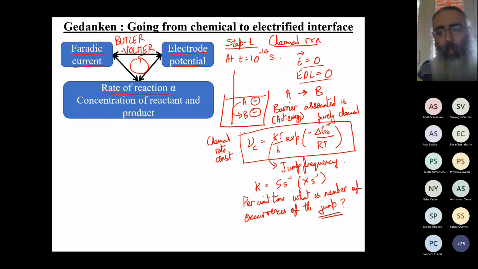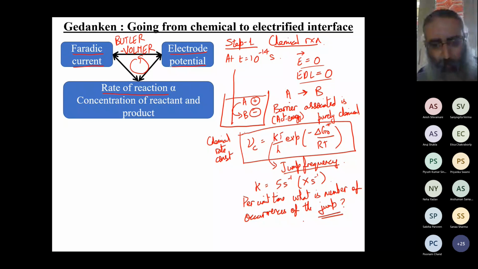Okay, either an electron goes from the electrode and becomes a charge on the electrolyte, or the charge from the electrolyte jumps over to the electrode and becomes an electron. So we are interested in the charge jumping across the interface, and that is why we have kind of renamed the rate constant in terms of jump frequency.